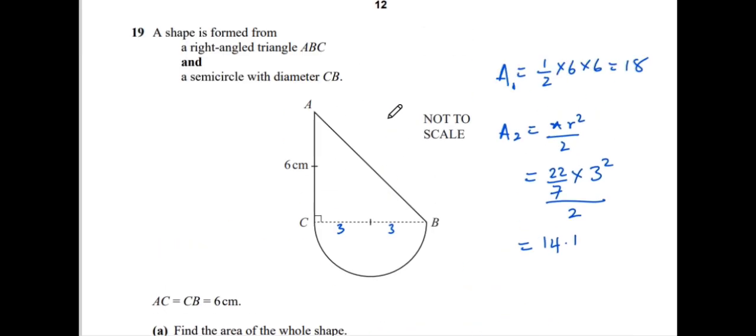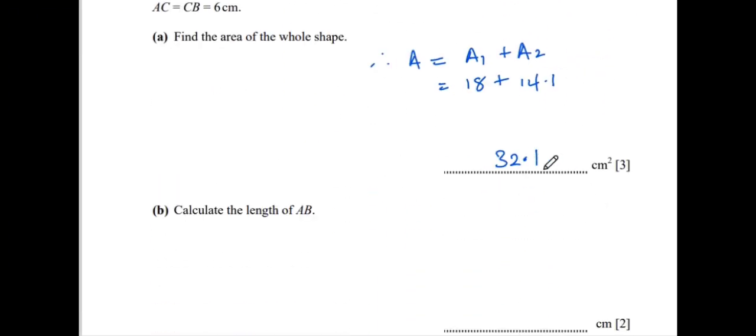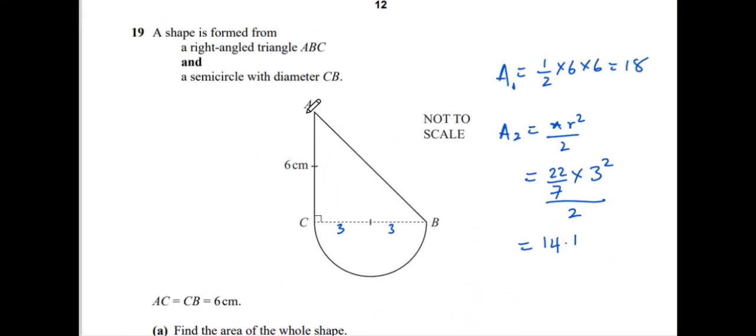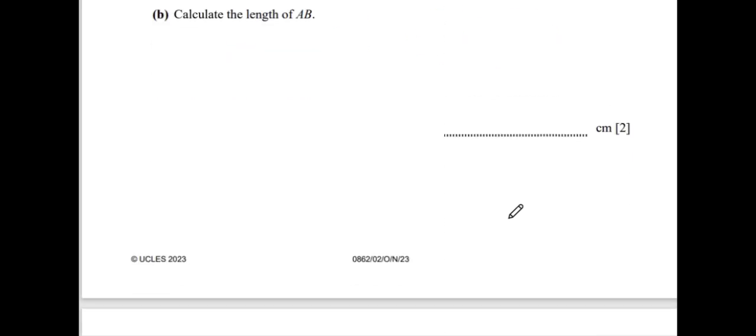Did they tell us any condition? Okay, they did not tell us where to leave our answer, so you can leave your answer in any decimal place. So now they ask us to calculate the length AB. For us to calculate length AB here, I think we are going to use Pythagoras theorem. So we say that AB squared equals AC squared plus BC squared. So that will give you 6 squared plus 6 squared, which will give you 36 plus 36.